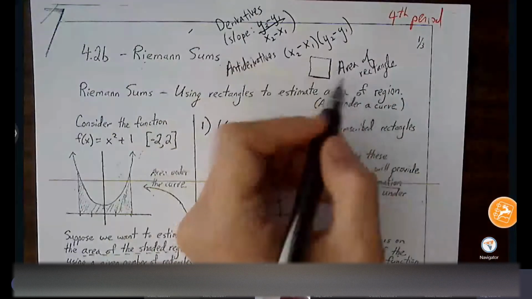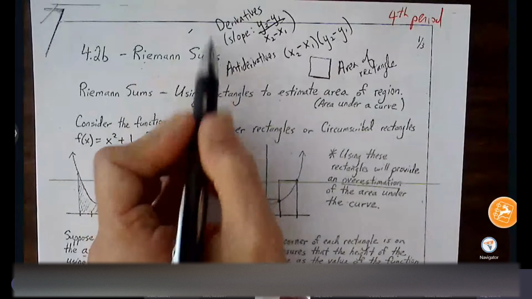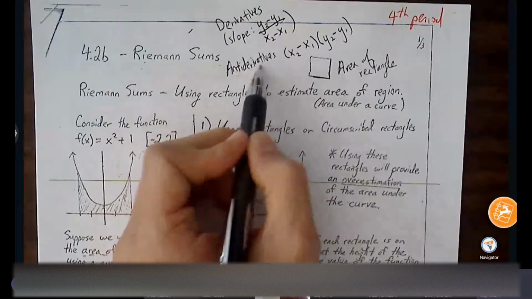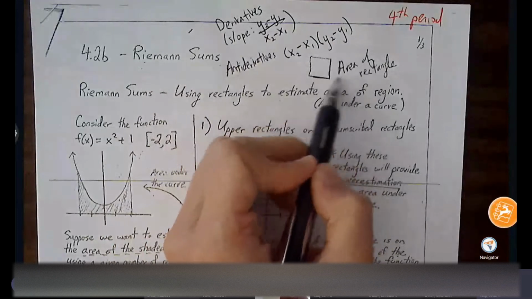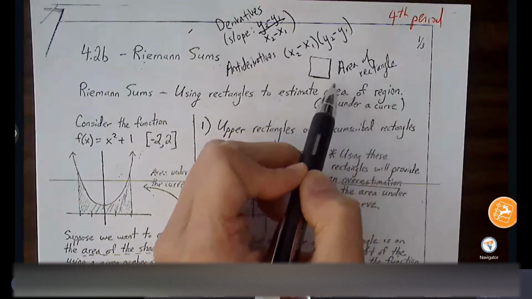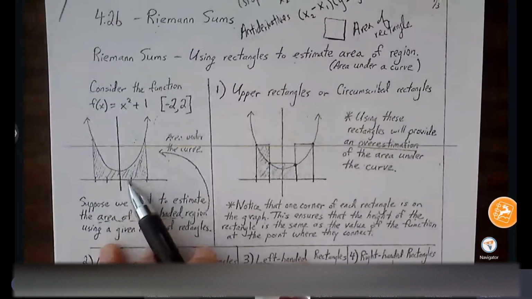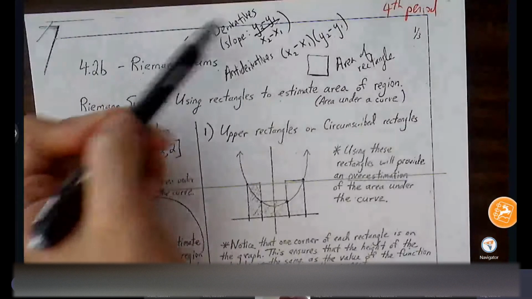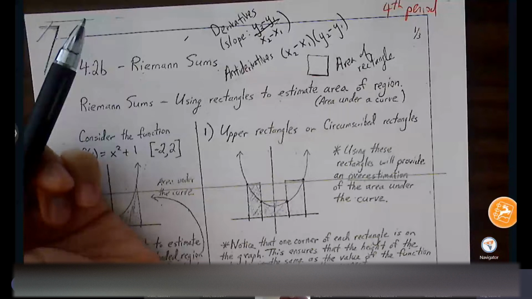And that is why area is going to be very much related to the inverse procedure of derivatives called antiderivatives. So when we go through a process of antiderivatives, we're going to be able to achieve area related information. And we're going to use this process to help us find the exact area under the curve using calculus. But at the same time, it's also undoing the process that we learned with derivatives, with slope.